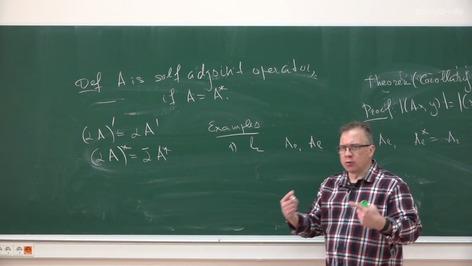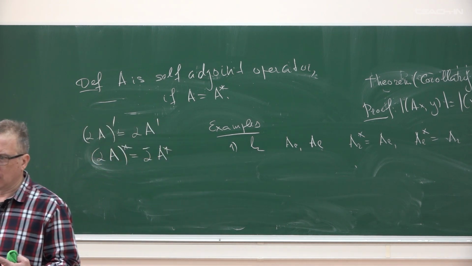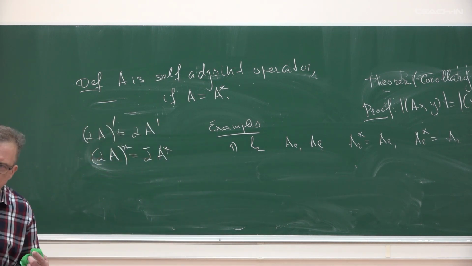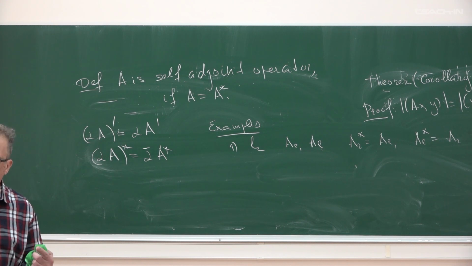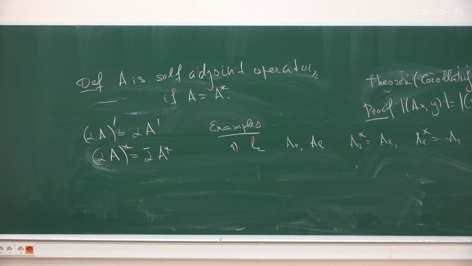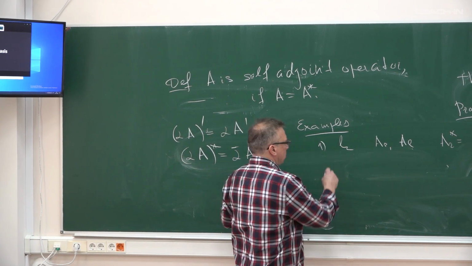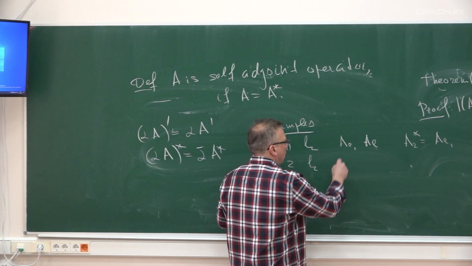But the definition of a unitary operator is a bijection which preserves the norm. And the shift to the left can make the norm smaller. But if you consider two-sided L2, then the shifts to the right and to the left are unitary. So that is the second example.